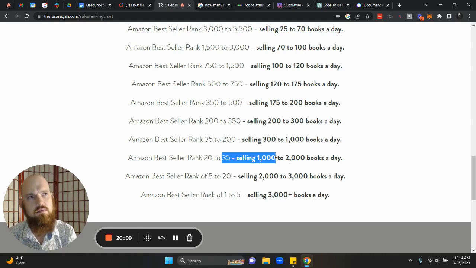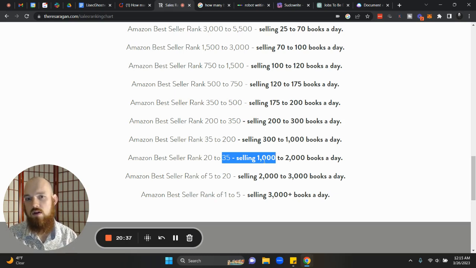I expect in the next 3 years, the number of books available on Amazon with AI writing tools, like Sudowrite, like ChatGPT, like pick your new tool of the day, I would not be surprised if that number 10x's to 328 million books. And you know what I expect to happen?